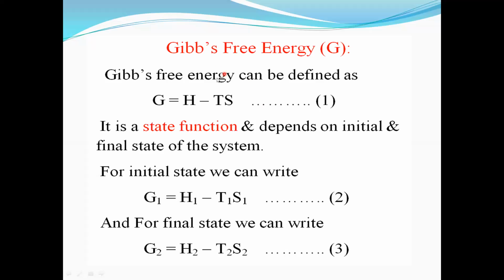So Gibbs free energy can be defined as G is equal to H minus TS, where G is Gibbs free energy, H is enthalpy, T is absolute temperature, and S is the entropy. Now, this Gibbs free energy is a state function, that is, the quantity which depends upon the initial and final state of the system is called a state function.